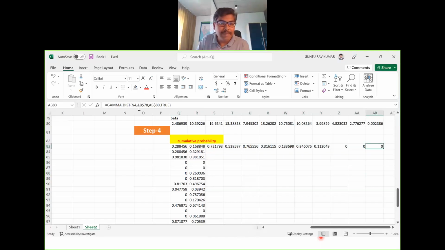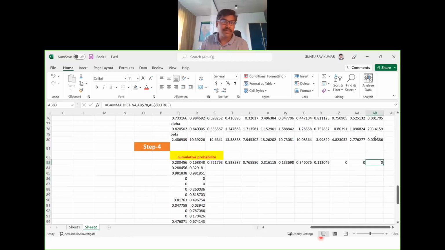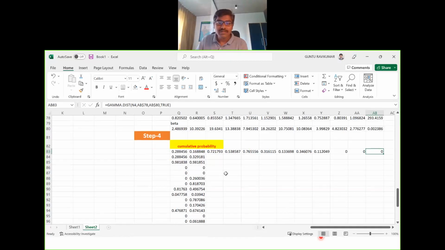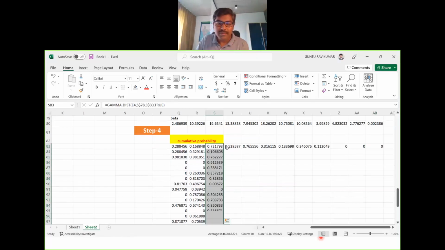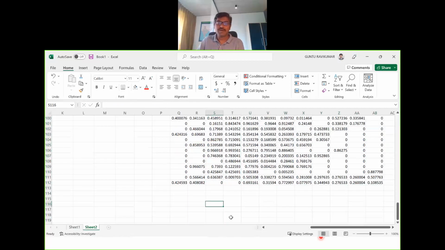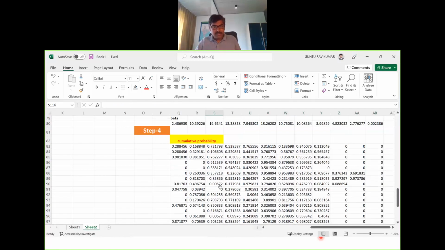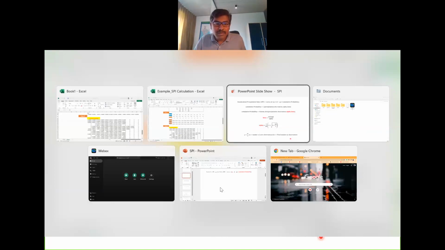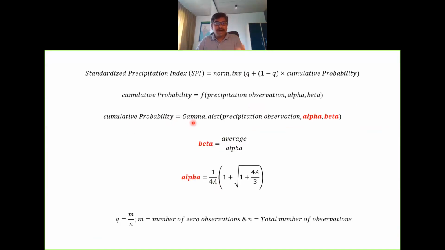Right, so see here AB. AB means the alpha and beta of December, and we have the observations for December. So double click on it, and simply you can select the entire row and double click. So now you got the cumulative probability. Cumulative probability is very easy.